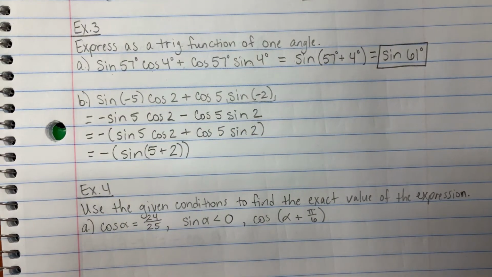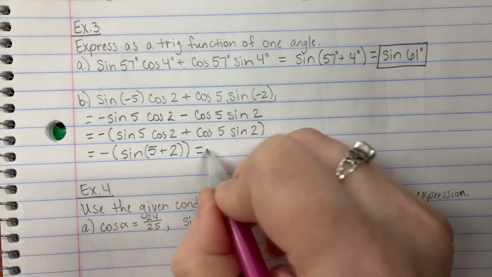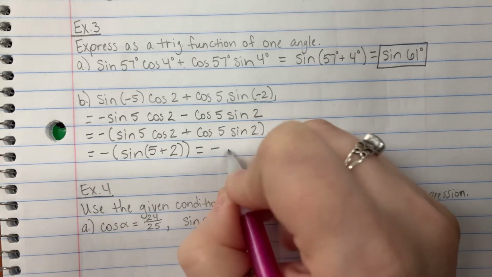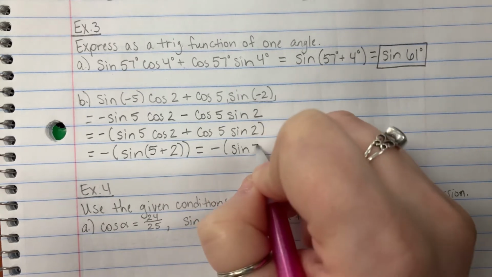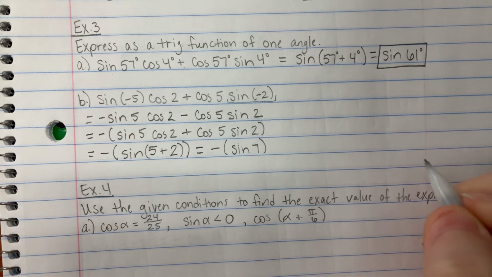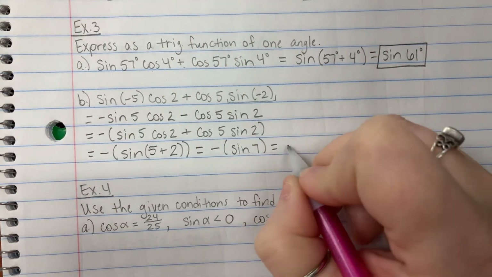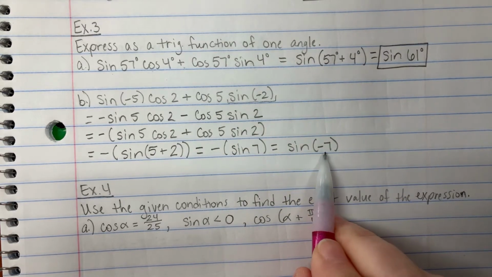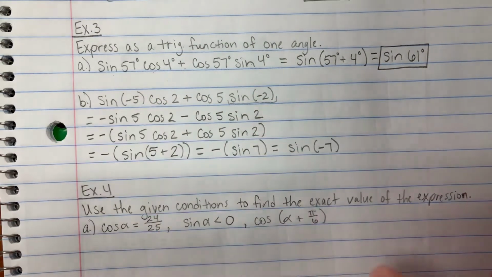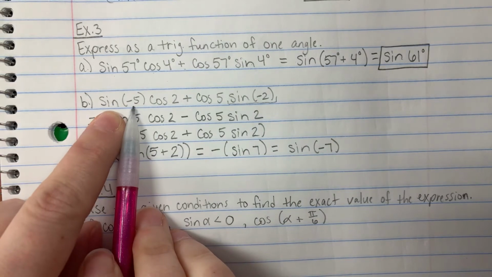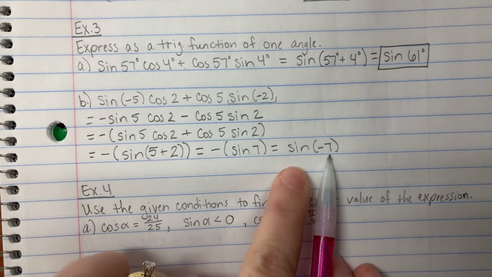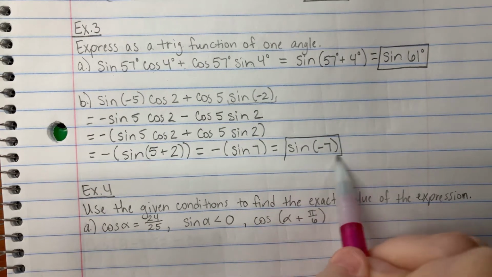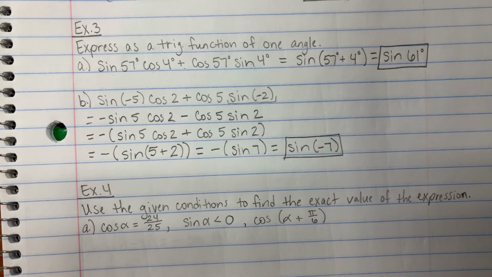So that's what I've got right now, but that is the same thing as saying I've got negative sine of 7, like that. But really, that is the same thing as saying sine of -7. So they want you to go ahead and pull it all the way back in, just like they did here. Like if they list them like this to begin with, that's how they want their final answer to look. So that's sine of -7.